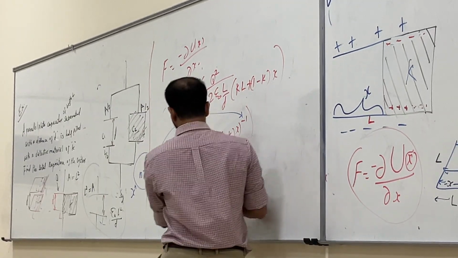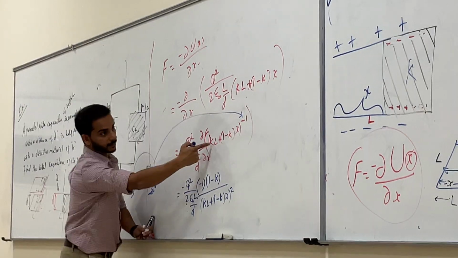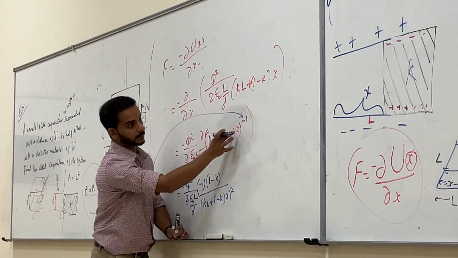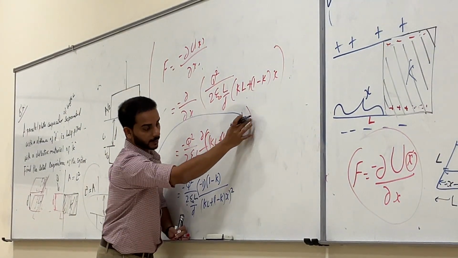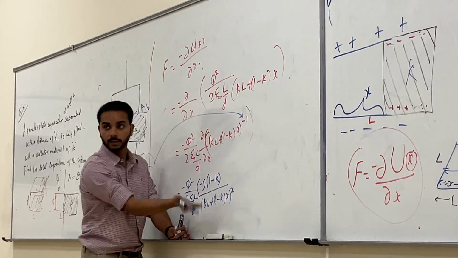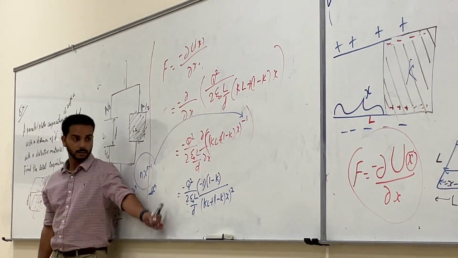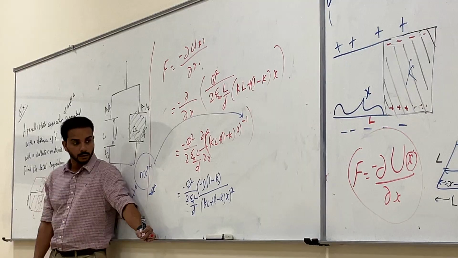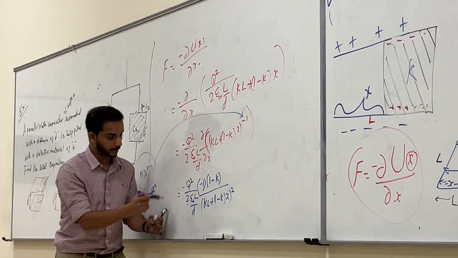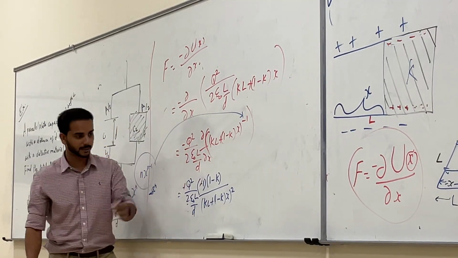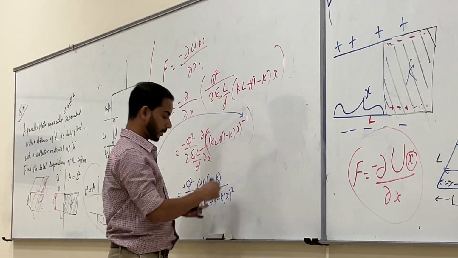And then my x is this one, KL plus (1 minus K) x, to the power minus 1 minus 1. That is minus 2. I just wrote this one in the denominator. And then I can cancel this one and this one, and you can rearrange it.